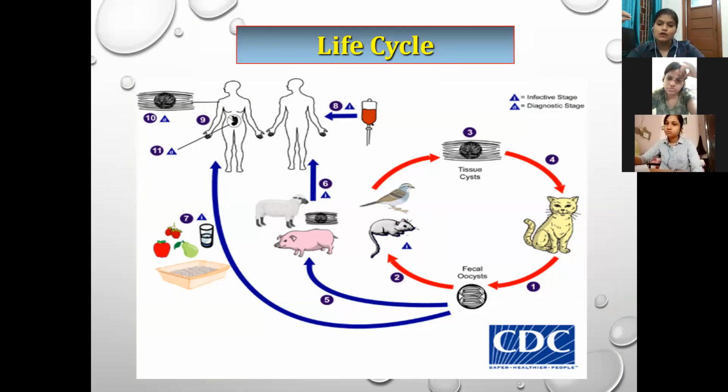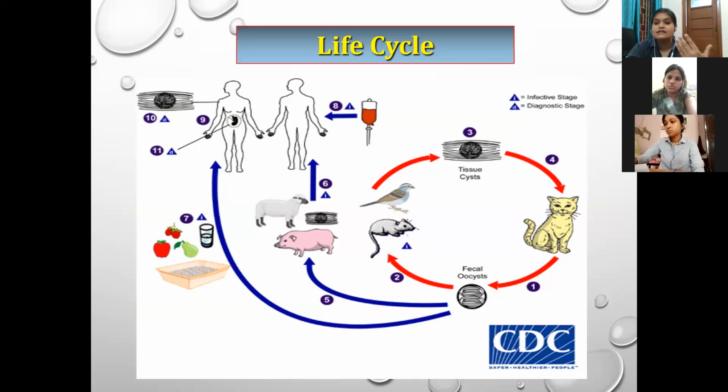After the ingestion of the sporulated oocyst, a human being or any intermediate host can be infected. After the ingestion, it enters the intestine, penetrates the intestinal wall or epithelium, and multiplies rapidly. That is known as the tachyzoite, the rapidly multiplying stage. But after that multiplication, what happens?